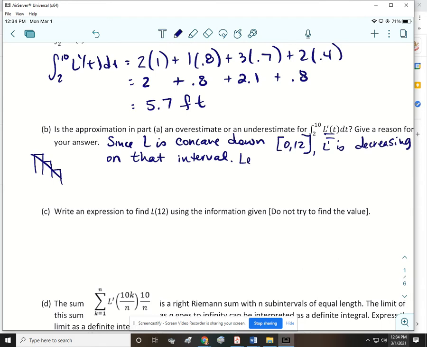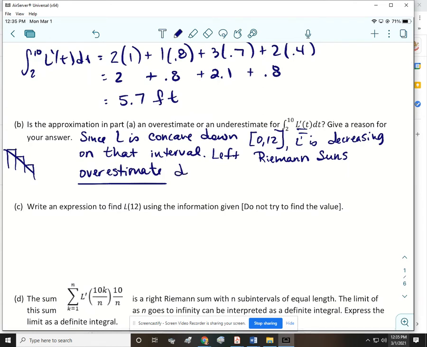Then you would say left Riemann sum overestimate decreasing functions. I put sons instead of sums.